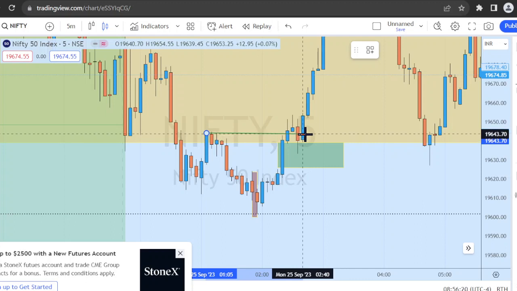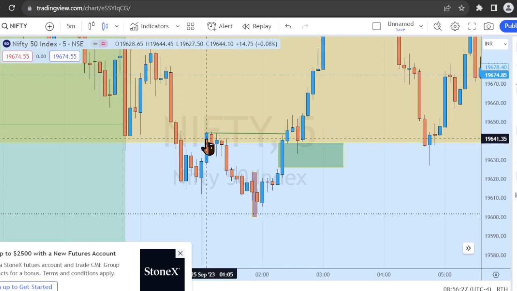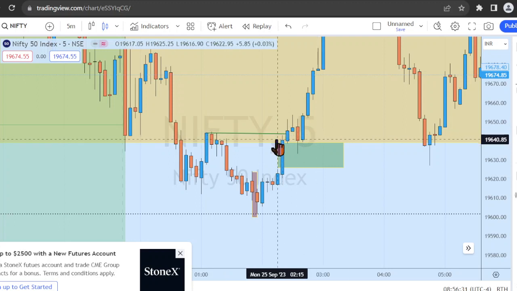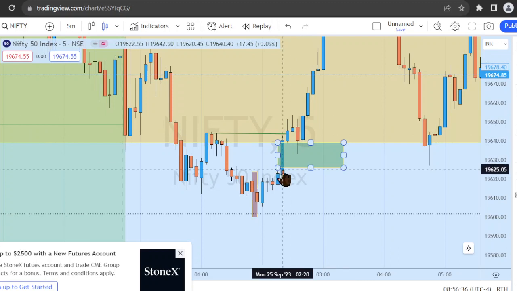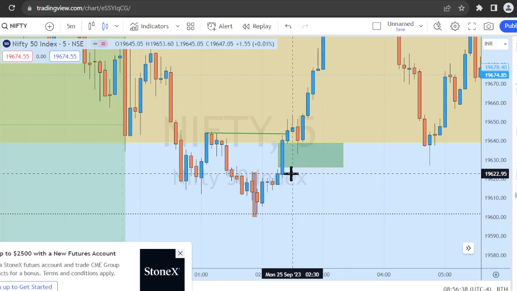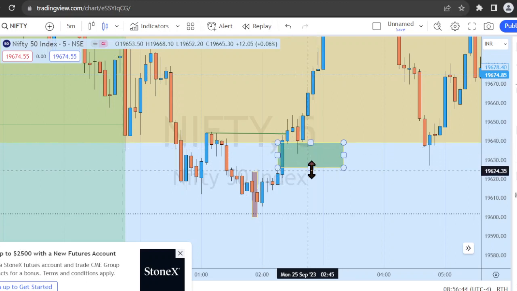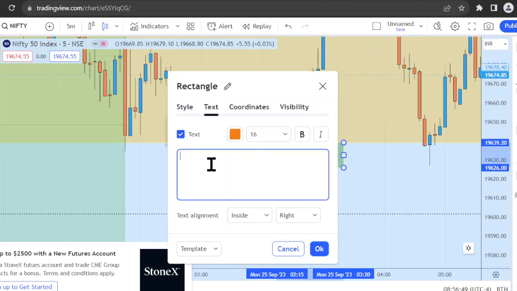There's a market structure shift right here on this blue candle, right? So as soon as it moves above this candle, I'm thinking about the market structure shift. It's moved. So then after that, I get in the entry over here in the 5 minutes gap.